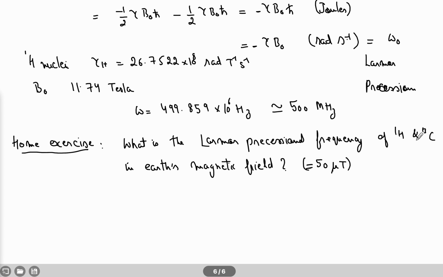So you would get a sense of how fast a proton or a C13 sitting on Earth is precessing by itself, without any additional magnetic field required. There is some basal precession always going on because of Earth's magnetic field. So your exercise is to calculate that precessional frequency.